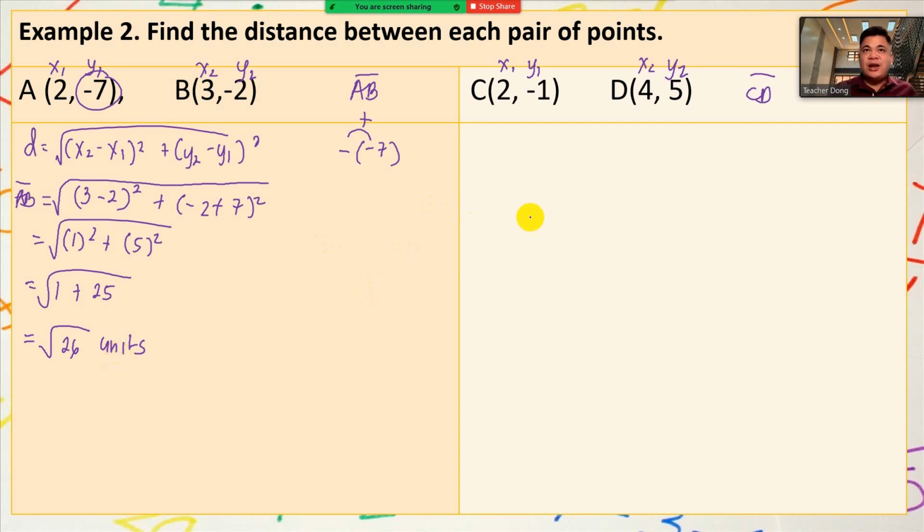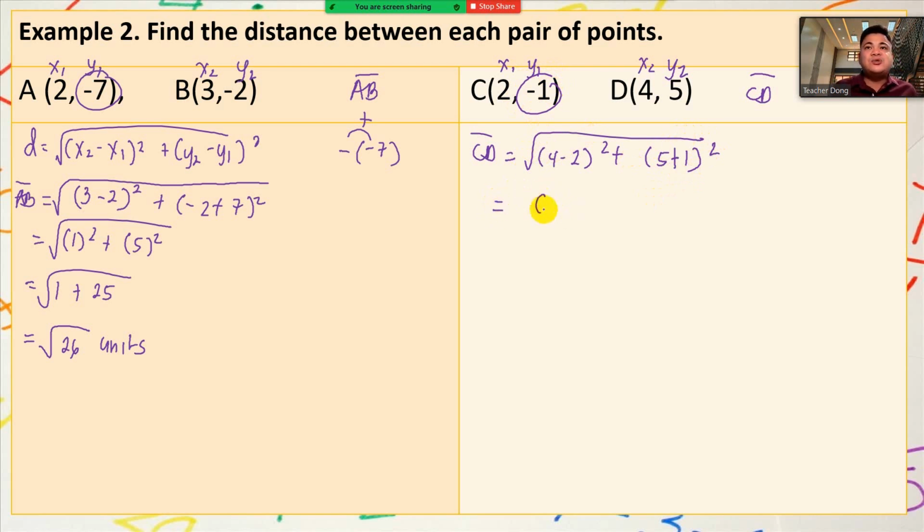Now, let's proceed to the second one. Let's substitute. We are solving for segment CD. Your x sub 2 is 4 minus 2 squared plus 5 minus, or plus 1. Why plus 1? Because as you can see, this is negative. Minus times negative is positive. So put the square root symbol, don't forget.